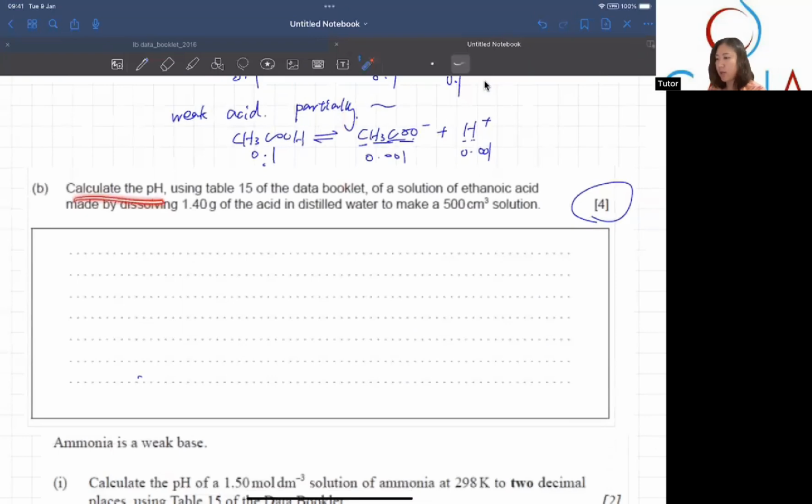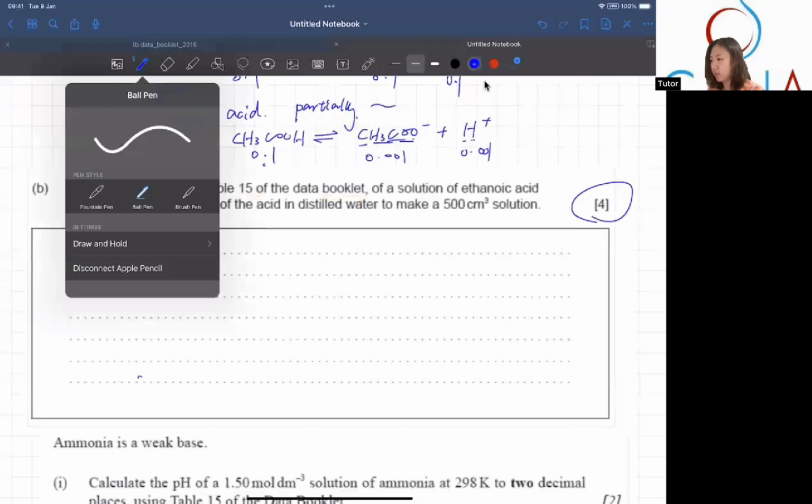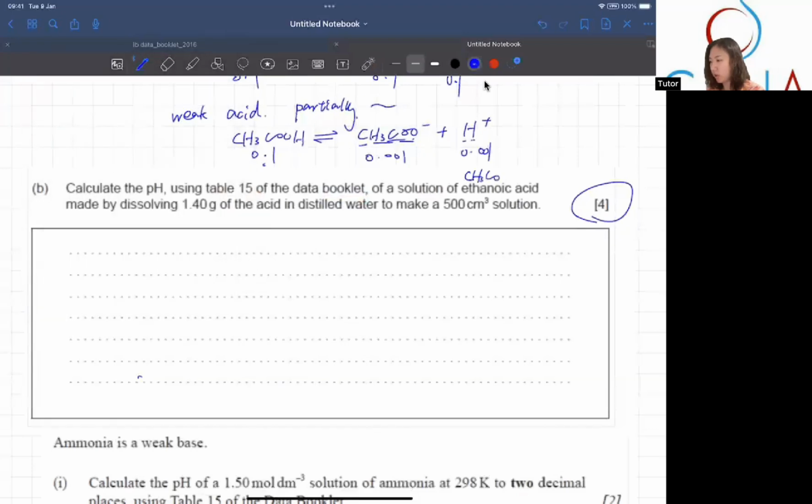Calculate the pH using table 15 of the data booklet of the solution of ethanoic acid, CH3COOH, made by dissolving 1.4 g of the acid in distilled water to make 500 cm^3 of solution. Many students will feel pretty lost for this type of question because there is way too much information, but we can deduce backwards. Let's have a try.